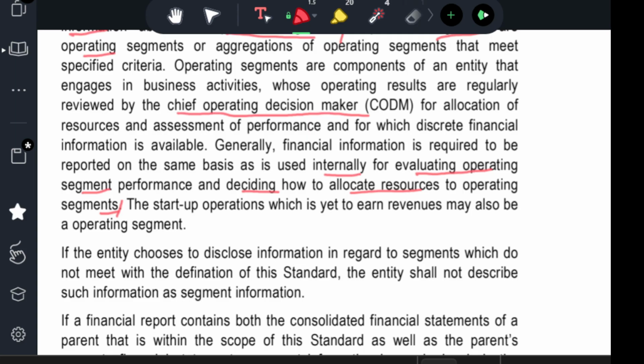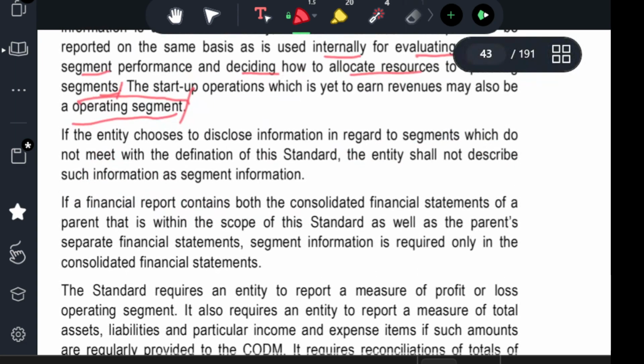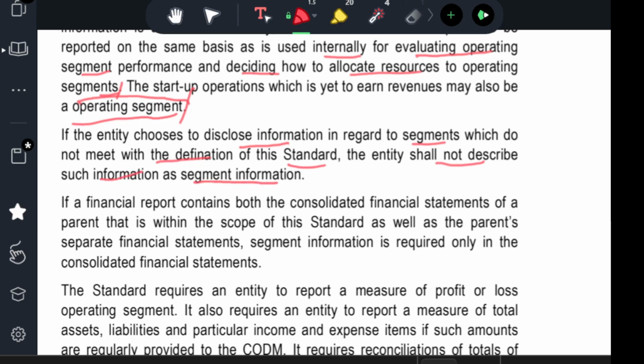A startup operation which is yet to earn revenue may also be an operating segment. So in the operating segments, a startup will also come. They are only putting money into it and have not started earning, yet that segment is also included in the operating segments. If an entity chooses to disclose information regarding segments which do not meet the definition in the standard, the entity shall not describe such information as segment information.